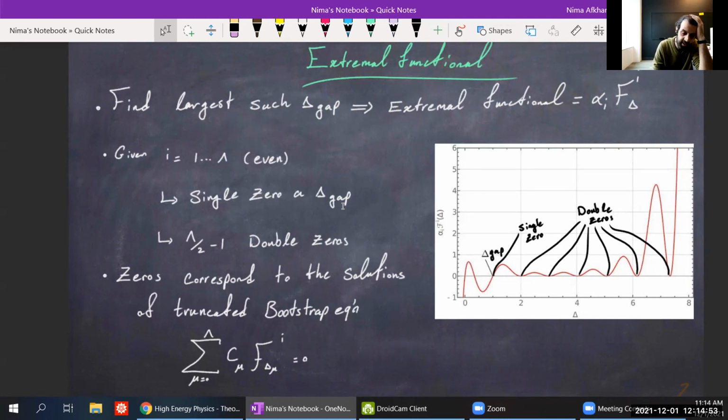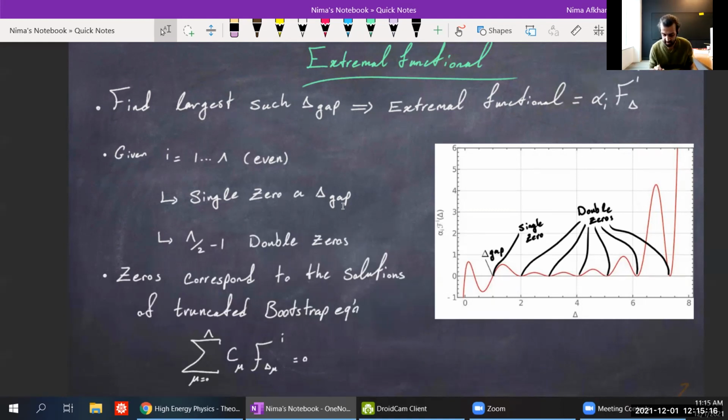Given lambda such functionals, we find that the extremal functional always has a single zero at the value of the delta gap. And it always works out in this particular case to have lambda over 2 minus 1 double zeros. So on the right here, I've plotted a sample functional.